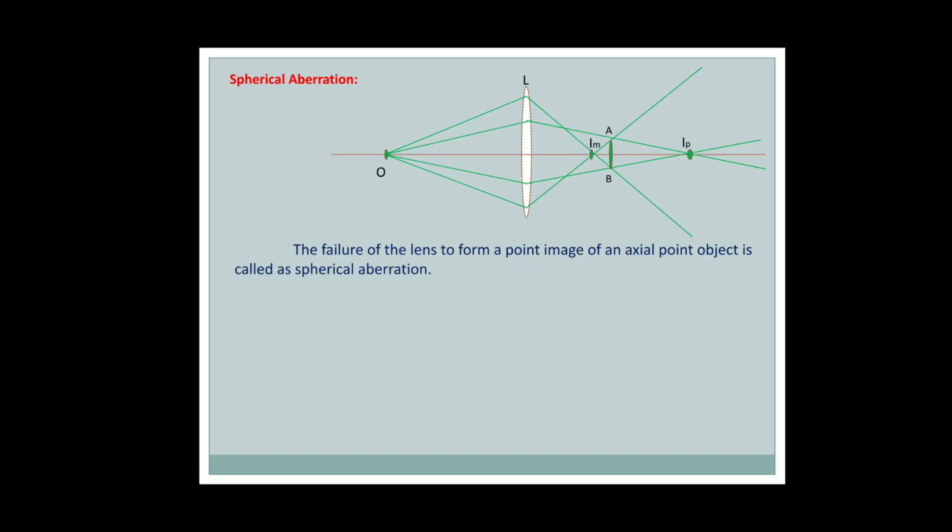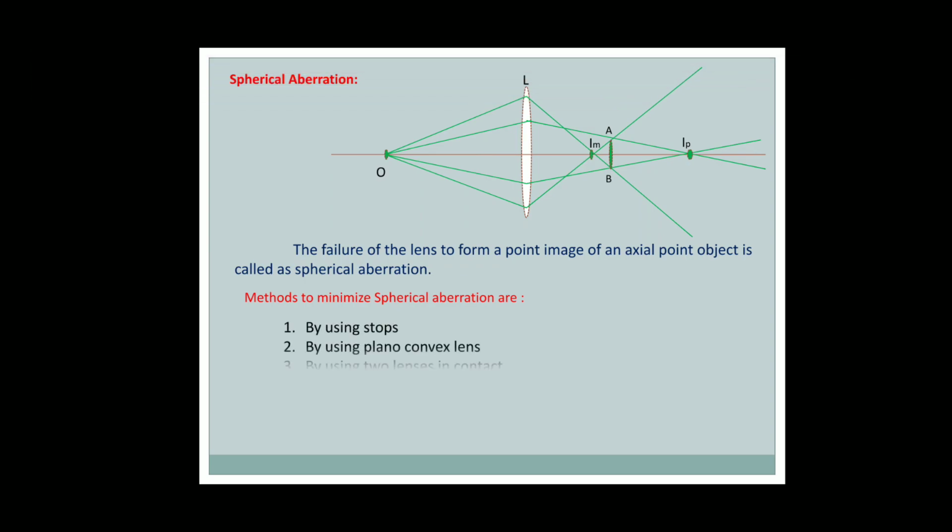So the failure of the lens to form a point image of an axial point object is called spherical aberration. So how many methods are there to minimize the spherical aberration?